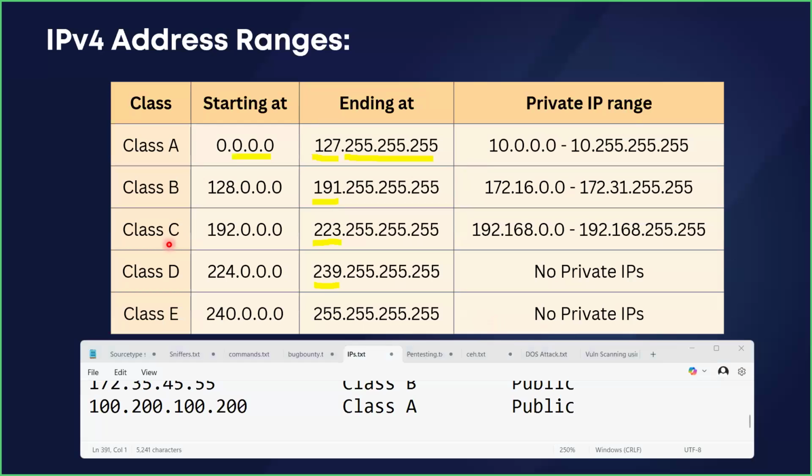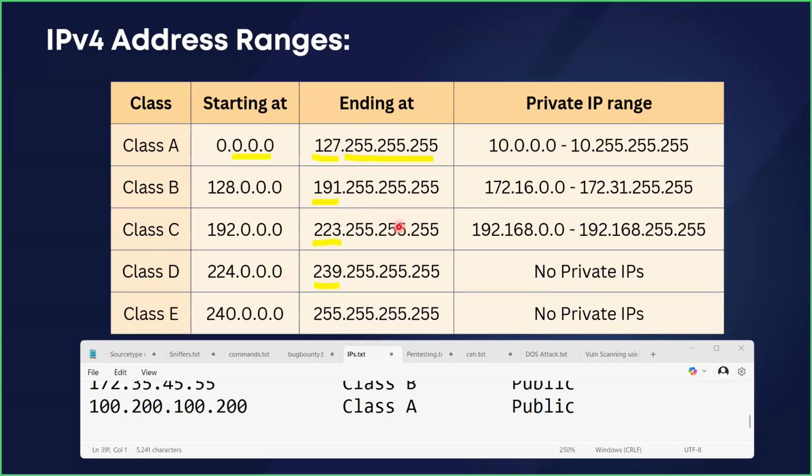Because from that distinguishing factor, you can know where the attack is being initiated from. If you see the log of an attack coming from a private IP, it means the attacker is in your own network, in the same network as you. If it's coming from a public IP, it means the attacker is from the internet. So the attack is coming from an external network. So understanding which IP belongs to which category is very, very important.